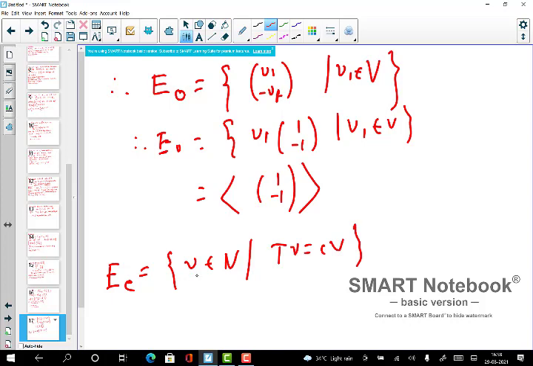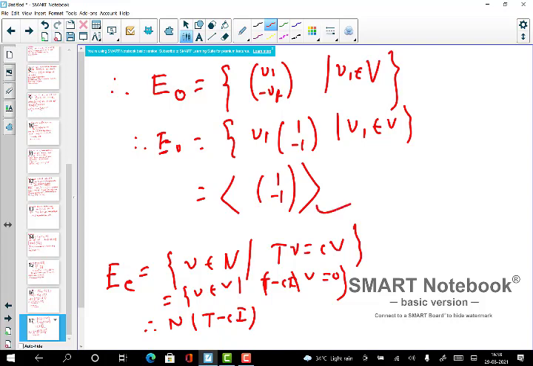That means all V such that (T minus C I)(V) equals 0. This is nothing but the null space of T minus CI. For C equal to 0, it is the null space of T, the kernel of T, which is generated by a single vector. Similarly, you have to find the null space of T minus 2I.